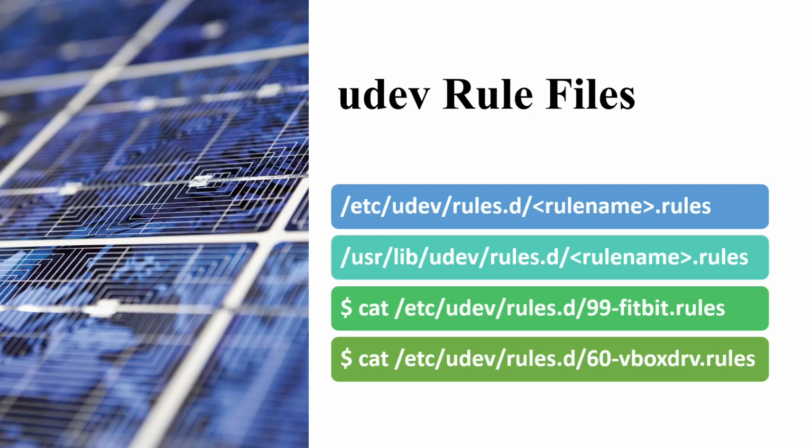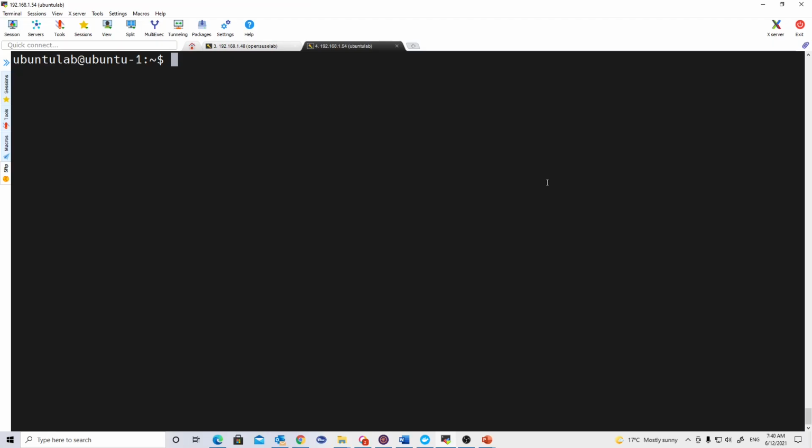The first part consists of one or more match pairs denoted by ==. These try to match a device's attributes and/or characteristics to some value. The second part consists of one or more assignment key value pairs that assign a value to a name, such as a file name assignment, even file permissions, etc. Let's see some examples here.